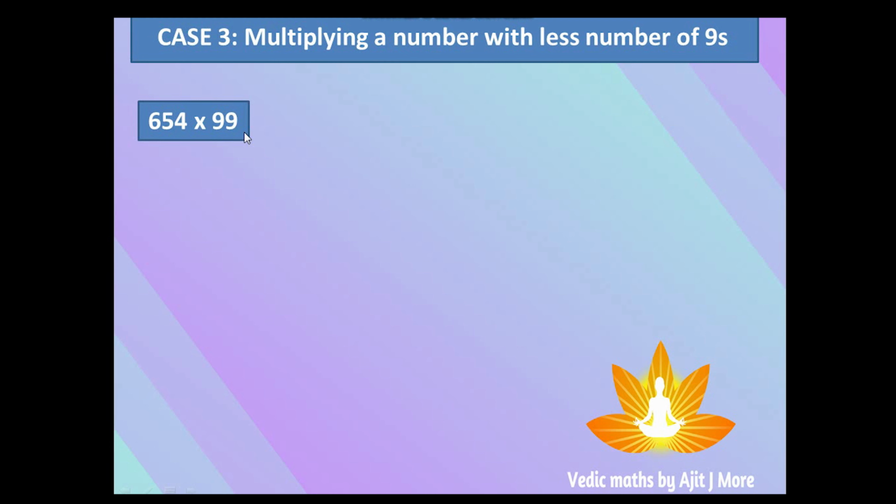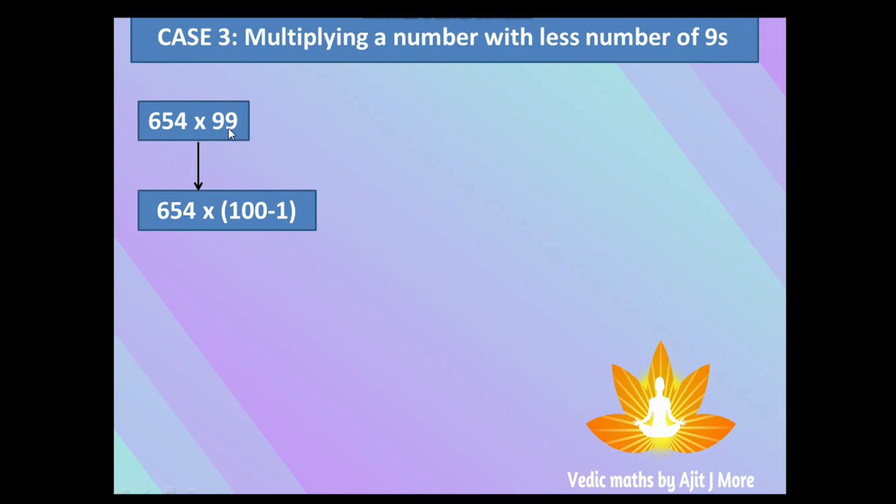Now tell me, what is the nearest base of 99? 100. We can modify this in this form, that is 654 into 100 minus 1, and you know 100 minus 1 is 99 only. Is it clear to you?